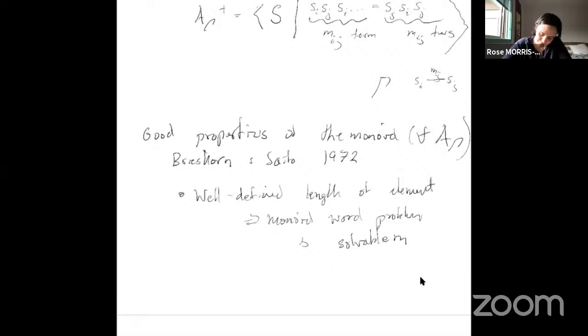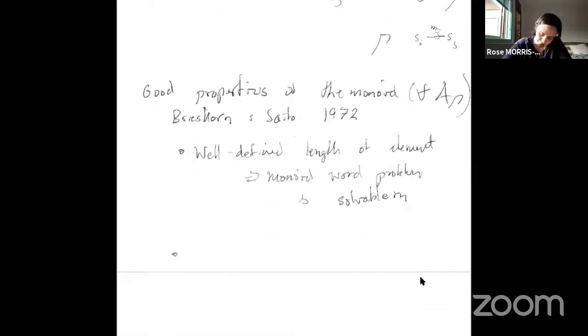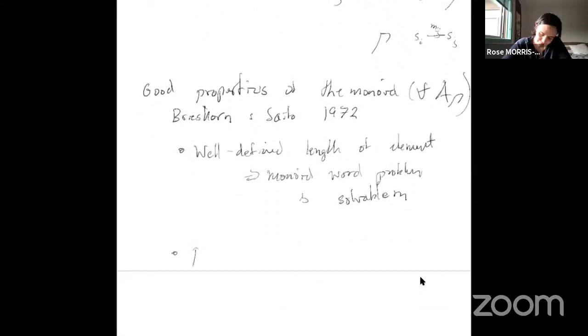So this is nice. And then the second property that I want you to keep in mind is that there's something called the prefix order, which is basically a poset on the monoid elements.